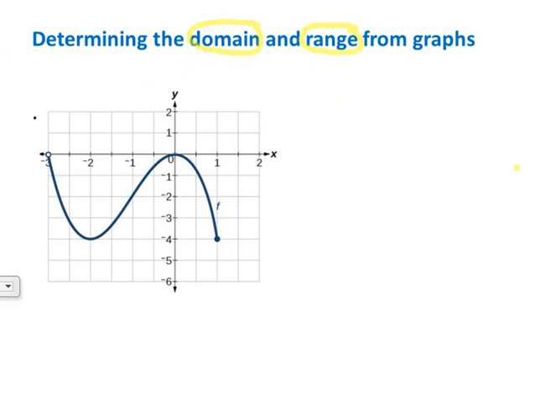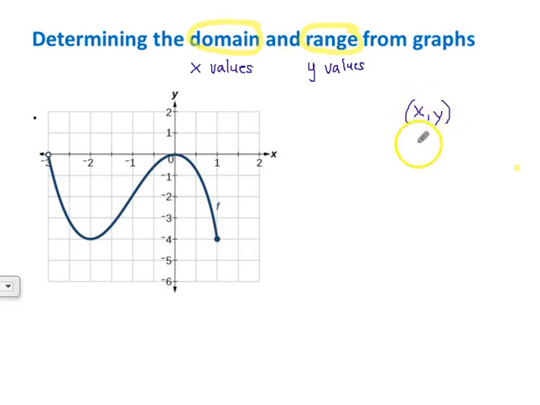So domain, if you're asked to find the domain of something, you're being asked to identify all the possible x values. Whereas if you're asked to find the range of something, you're being asked to find all the possible y values. A quick reminder, when we plot points, we always plot the x coordinate first, followed by the y coordinate.